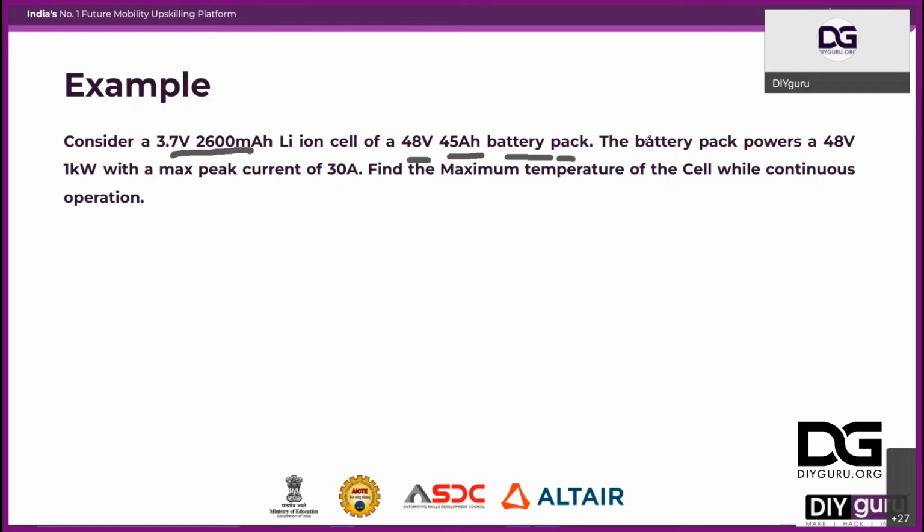The battery pack powers a 48 volt, 1 kilowatt motor with a max peak current of 30 amps. Find the maximum temperature of the cell during continuous operation.